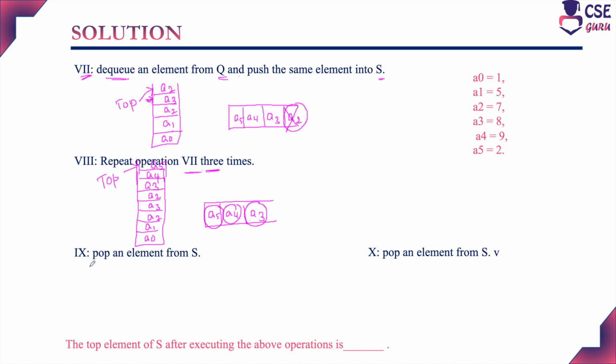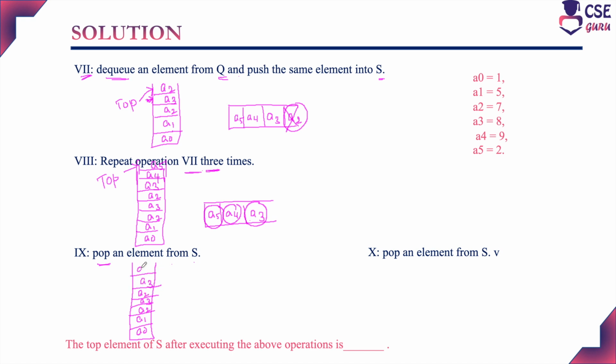Next, the ninth operation status. The stack is A0, A1, A2, A3, A2, A3, A4, A5.